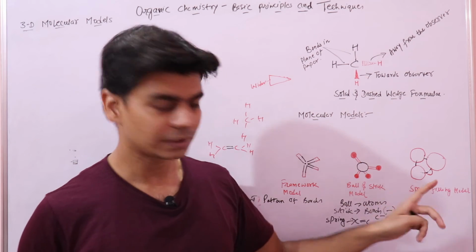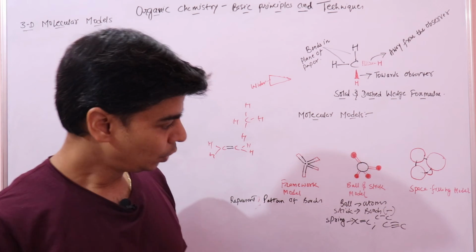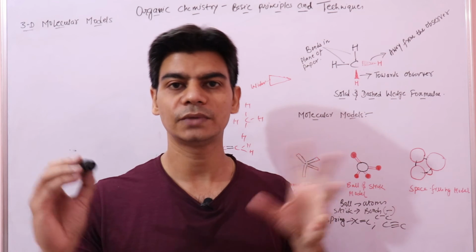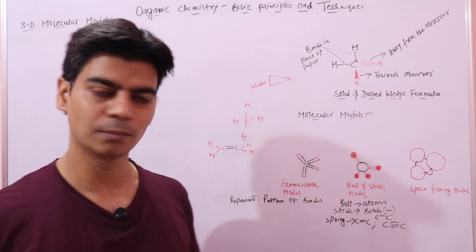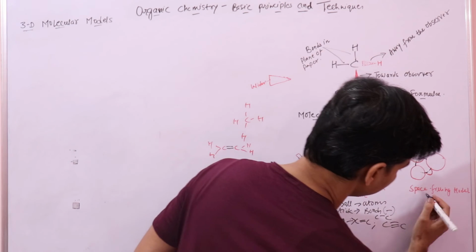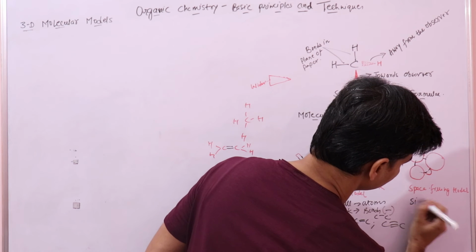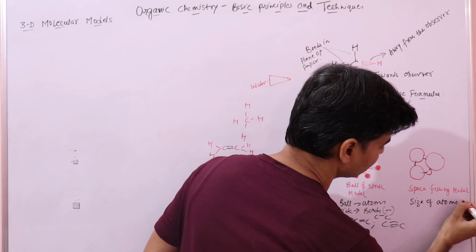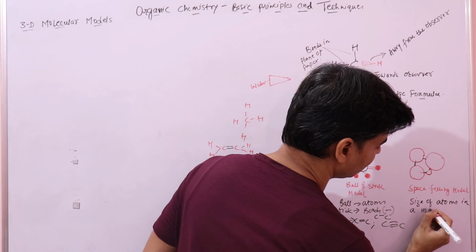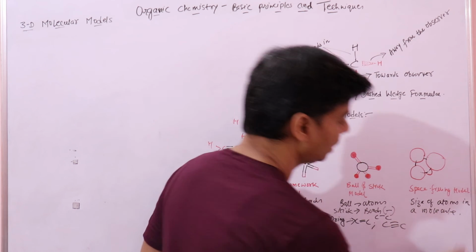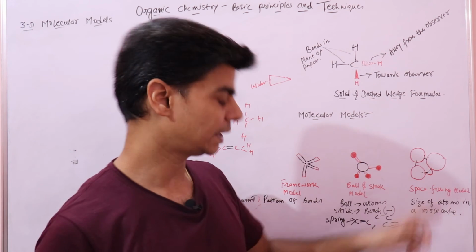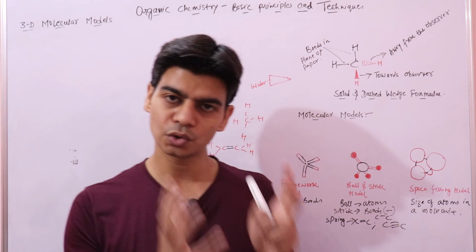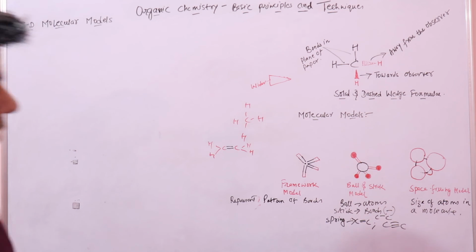So the space filling model is used to represent the size of atoms in a molecule. Each ball represents how much volume is actually occupied by an atom.